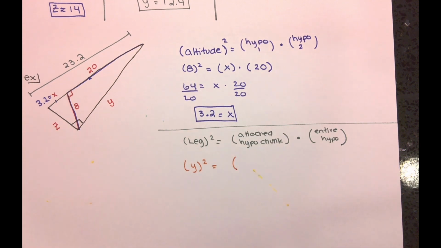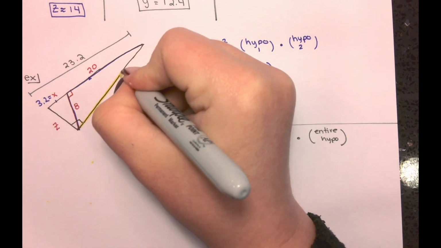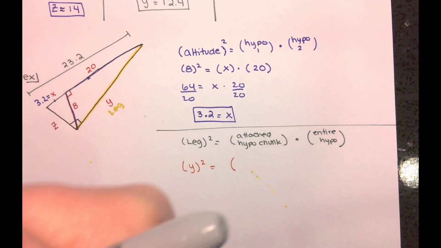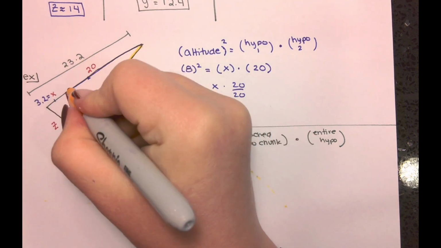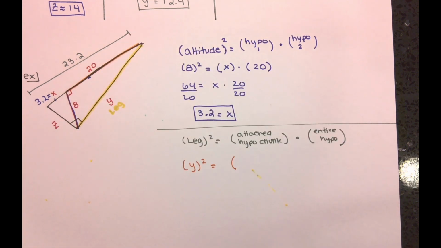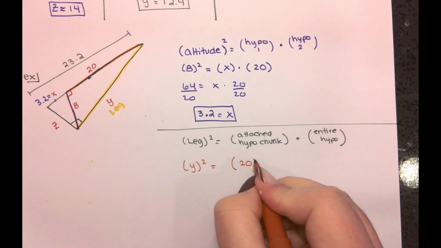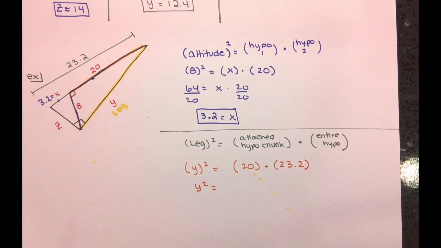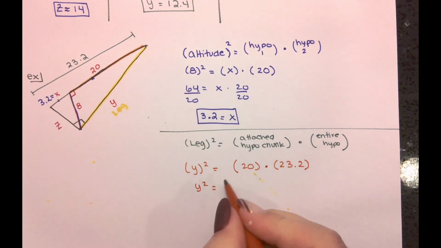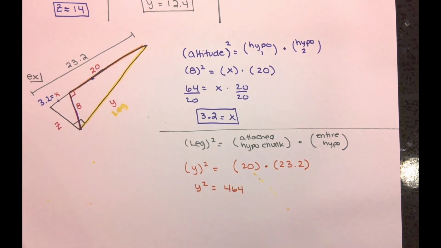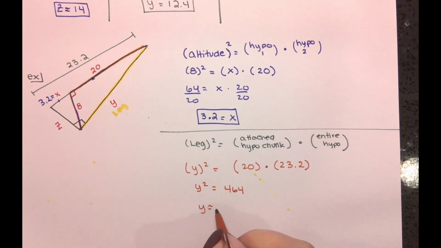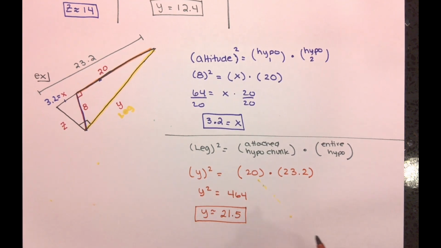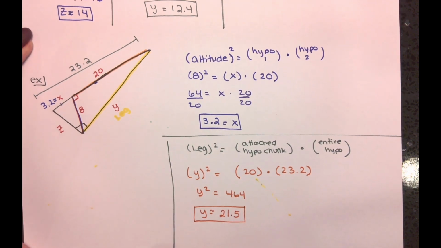If we're doing y as our leg, that means the attached hypotenuse chunk is 20. And the entire is 23.2. So that means y squared is equal to 20 times 23.2. We get 464. Take the square root. And again, decimals, it's going to be approximately 21.5-ish for y.